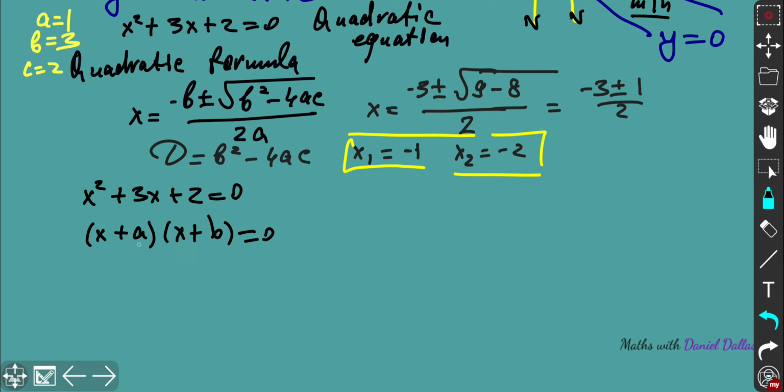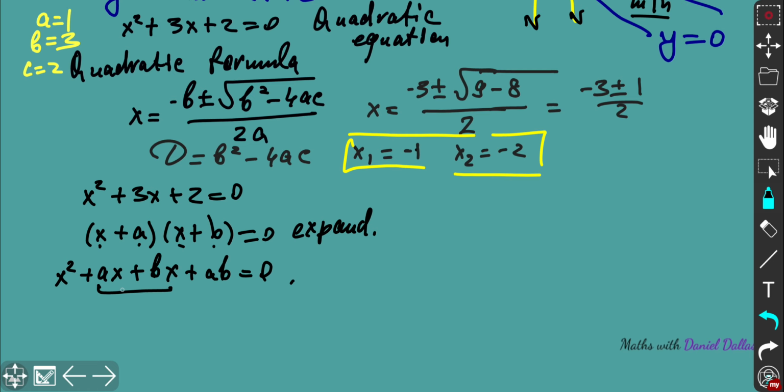You'll get a times b in the end, then x times x is x squared, then you have xb and ax, so you'll get ax plus bx. That's what you'll have if you expand it.